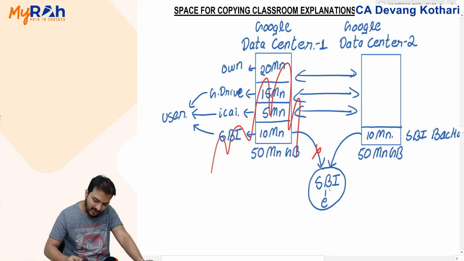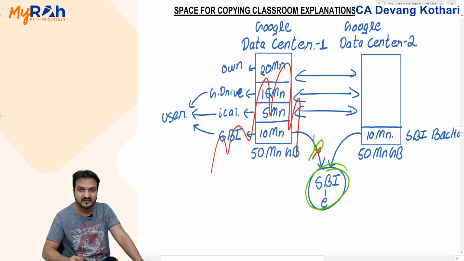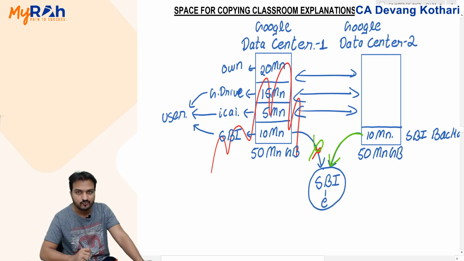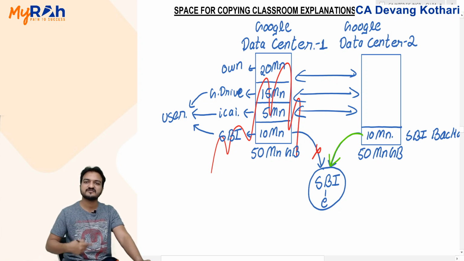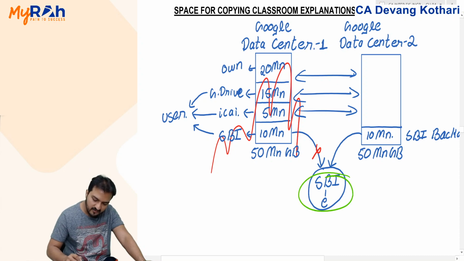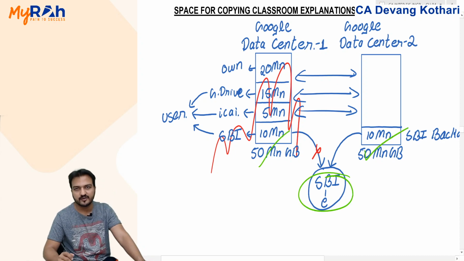Even then, an employee sitting in the SBI branch will not even come to know, because the moment the transmission stops from data center 1, immediately the transmission can continue from data center 2. This is called disaster recovery. Because of such virtualization, the employee doesn't even come to know where the data is coming from.